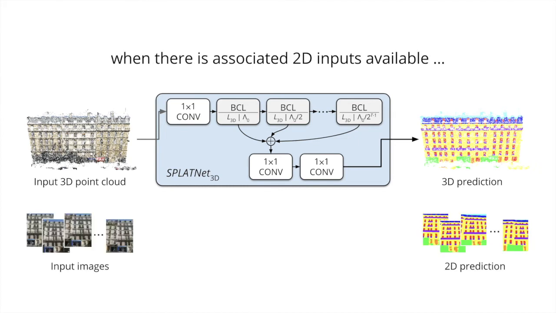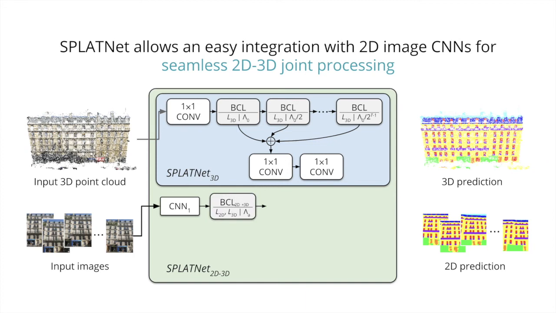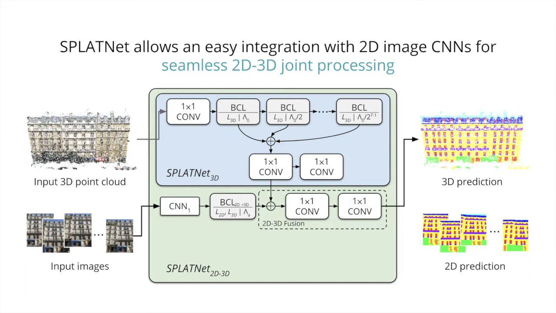When there is not only 3D data, but also some associated 2D images, our SPLATNet architecture allows easy integration with 2D image CNNs for seamless 2D-3D joint processing. 2D images are first processed with a standard image segmentation CNN, whose output is projected into 3D points using a BCL, and then fused with features from the 3D network, finally leading to 3D predictions.